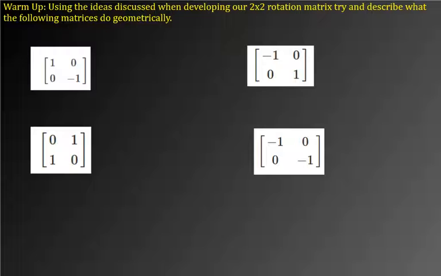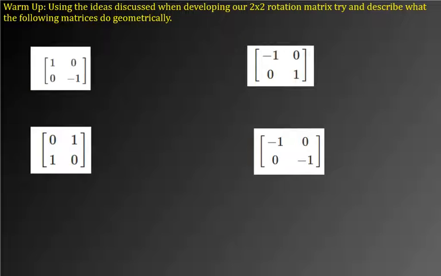So the plan for today is to really talk about some formalism behind the idea of a linear transformation as a function, basically. But I want to start off and talk about some geometric matrices that I want you to be able to visualize.